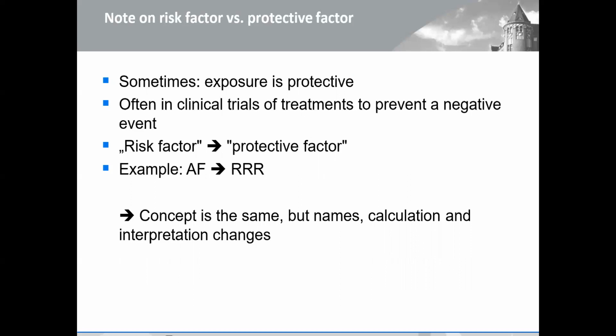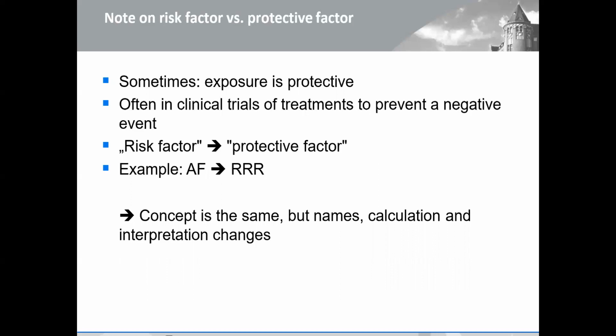Whatever you're calculating as 1 or below 1, or above 1, tells us whether something is a risk factor or a protective factor. It's just to summarize what this slide is all about: at times an exposure can be a risk factor or can be a protective factor.